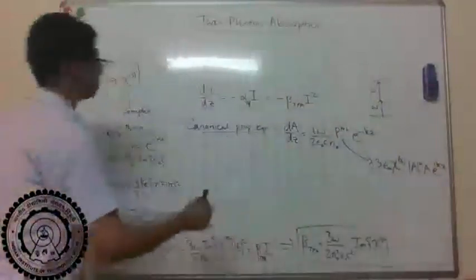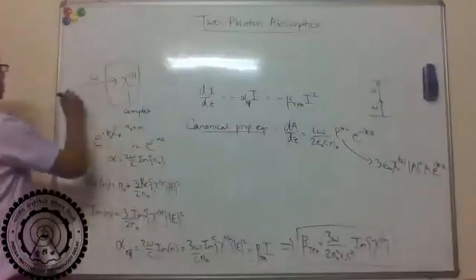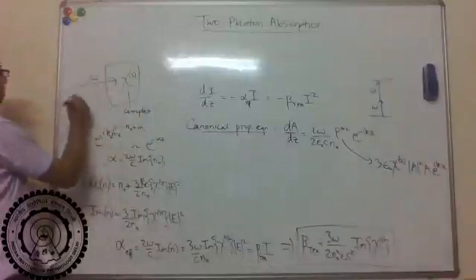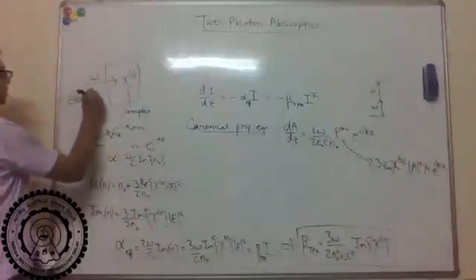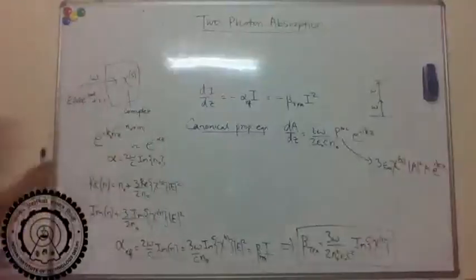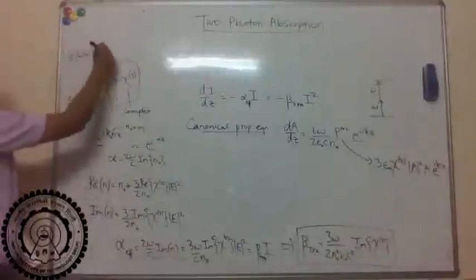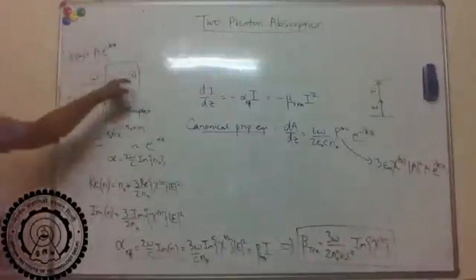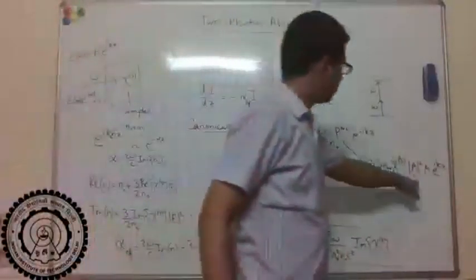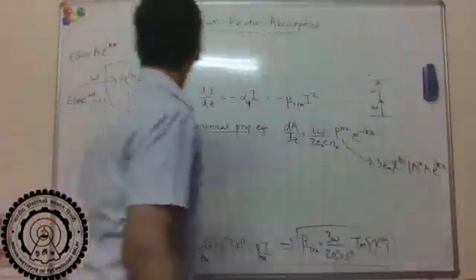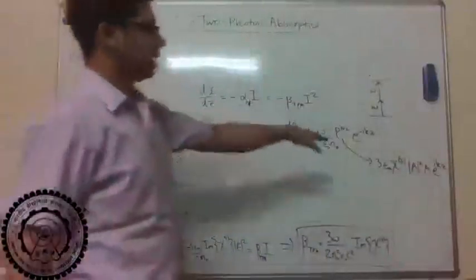So the electric field here, if I write it as some E of omega times e to the minus i omega t plus complex conjugate, then that E of omega I can write as A times e to the ikz, right? And then I have a mod E square E here, so I get a mod A square A, and then I get a factor of e to the ikz.